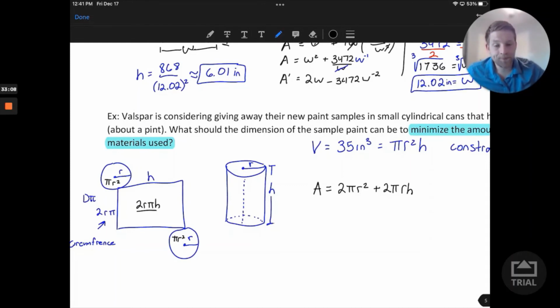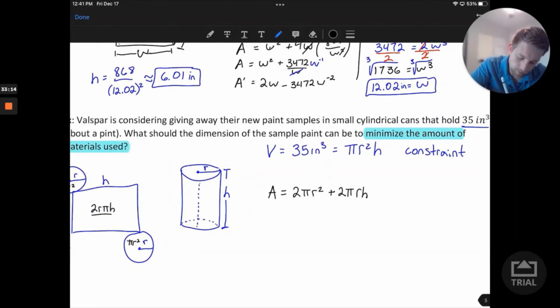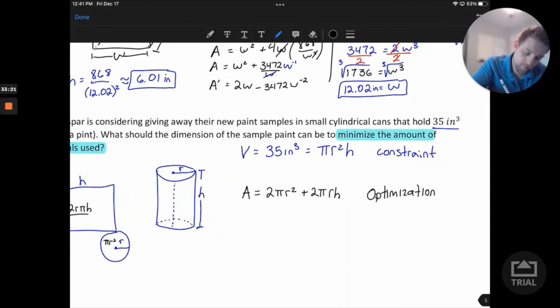Okay, so looking at the constraint and optimization here, again, this is my optimization function. I can go to work to actually see what the minimum value of capital A is.